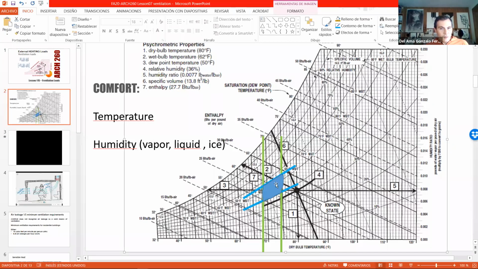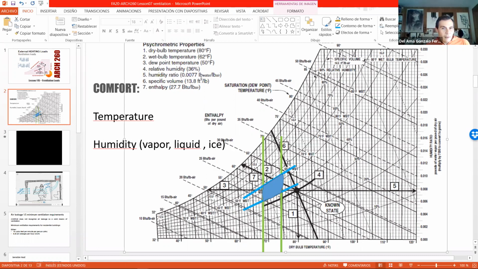So we have a lot of people in a room just breathing, or if we are in a gym, we are sweating a lot, so we are increasing the relative humidity of the building. But just by breathing, we are increasing the relative humidity. So if we don't ventilate, the relative humidity will grow, and then we will be out of this comfort condition.